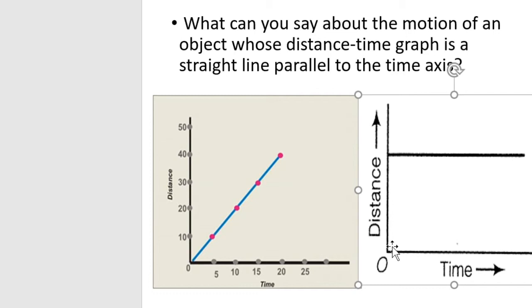Suppose you have traveled a certain distance and then you stopped, then it may be this line. You can represent it using this line also, right? So the graph on the right represents a stationary object, correct?